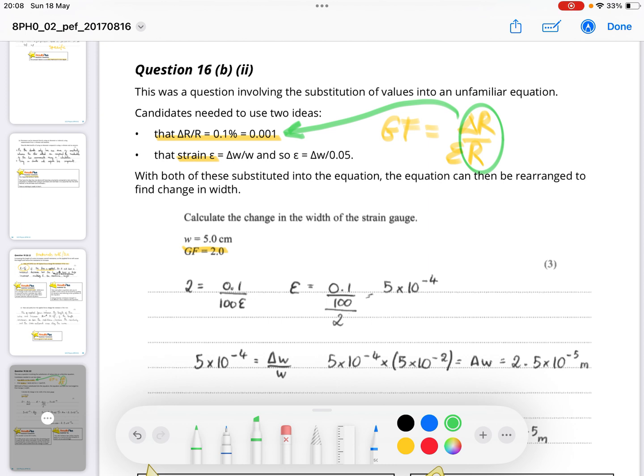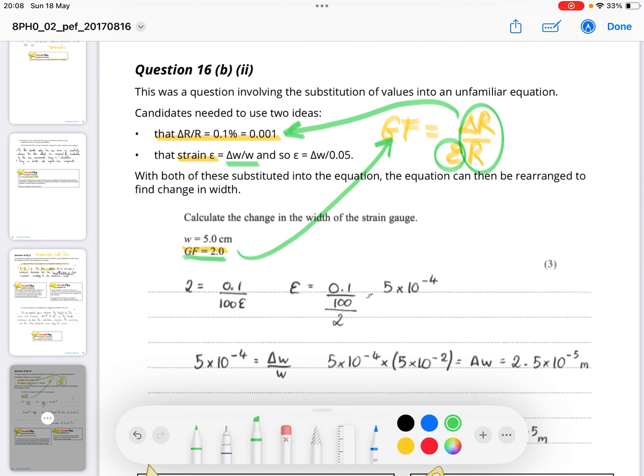And they've told us that this value is 2.0. So you can work out what this is and work out, obviously, it's equal to the change in length over the original length, which was actually given as W. You can look at the question.